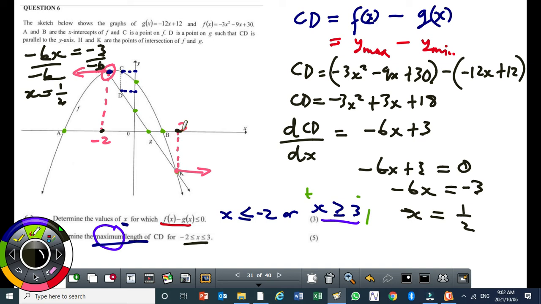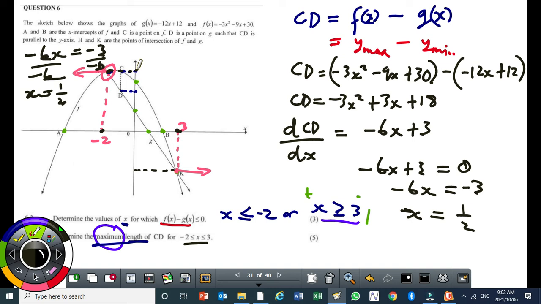It makes sense because if we do a subtraction here, f of x minus g of x is 0 here. Both functions have the same y value. Therefore, f of x minus g of x will be 0. Also here, at the point of intersection, it's going to be 0.